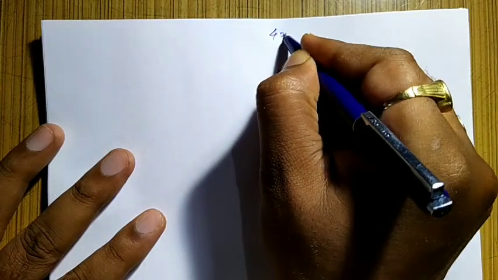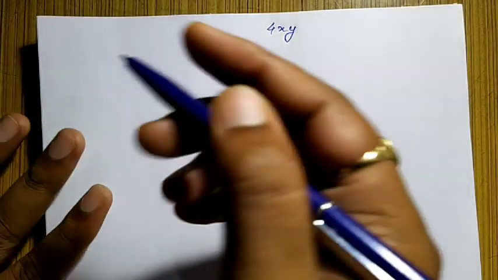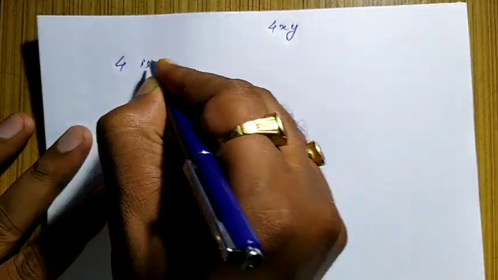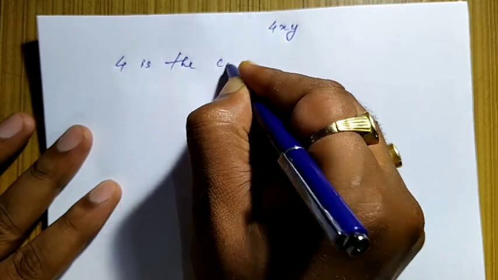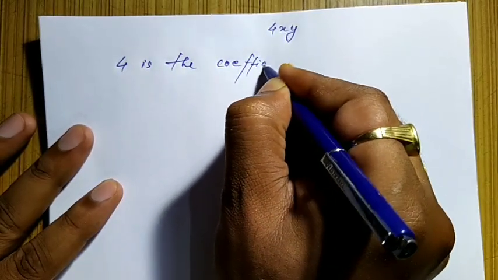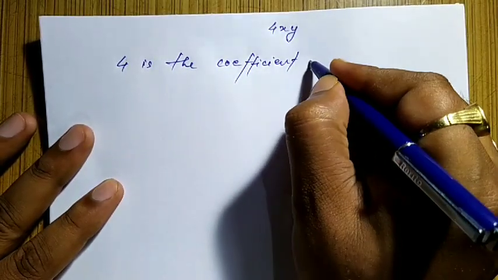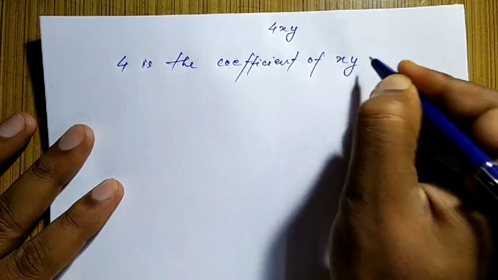Now sometimes the word coefficient is used in a more general way. See carefully, if 4xy is written and I ask what is the coefficient, then your answer should be only the numerical coefficient, meaning here 4 is the coefficient of xy.